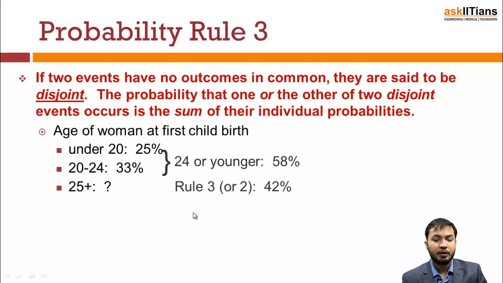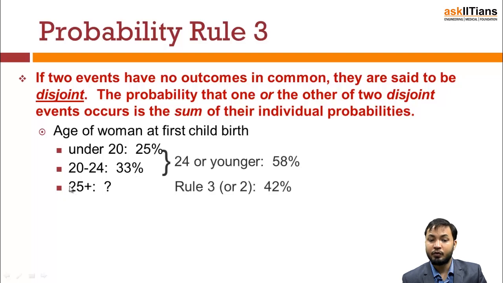Now, the third rule is also very interesting. If two events have no outcomes in common, they are said to be disjoint. The probability that one or the other of two disjoint events occurs is the sum of their individual probabilities. Let's understand with this example: age of the woman at first childbirth, under 20, 25%; 20 to 24, 33%.